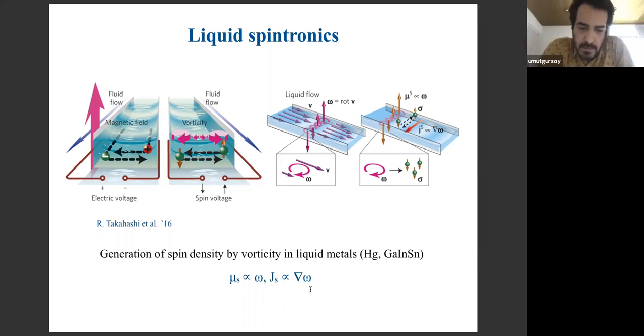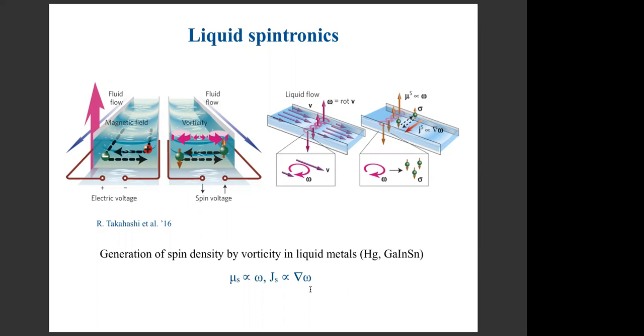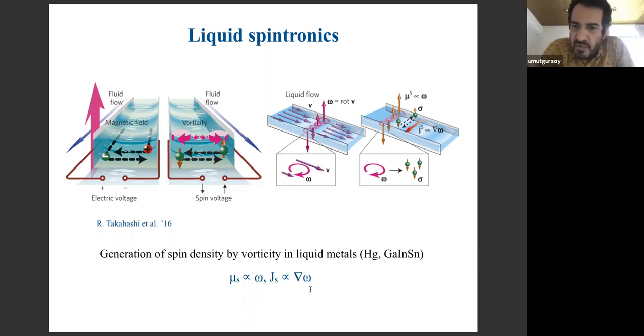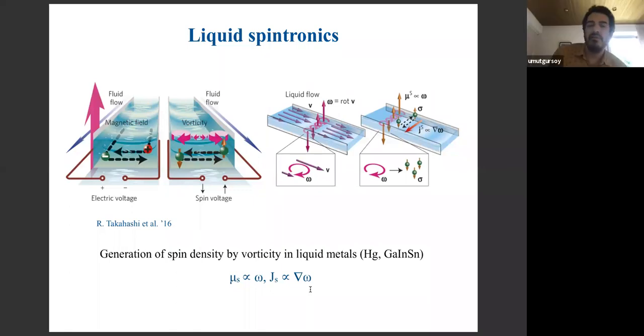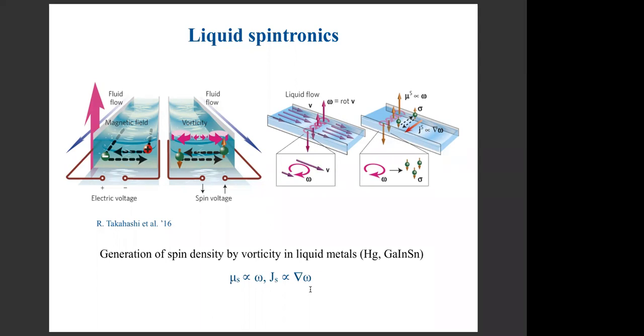And then because of spin orbit coupling, you get an effective magnetic field in the rest frame of the electrons, which works on the spins. Now in the rest frame, you have vorticity in a way, right? So this is really different. This happens in a liquid metal. But it works by analogy, and the analogy is actually, I think, kind of close when you think about it.